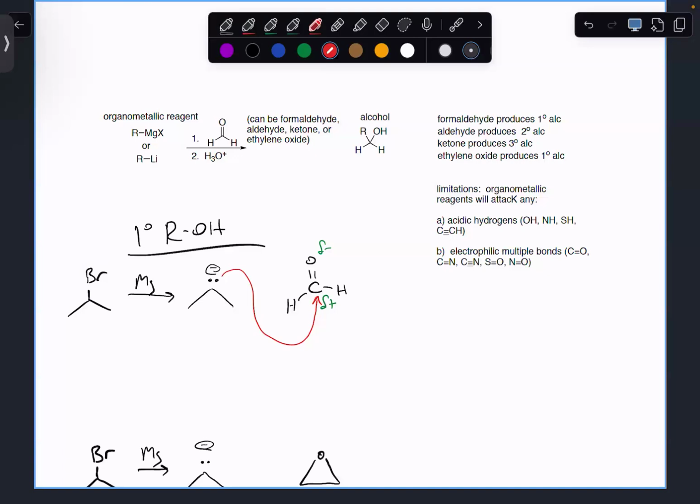the carbonyl. Now, I can't just stick a new bond to that carbonyl carbon and leave everything else as is, because if I did, then this carbon would end up with 5 bonds, which we know can't happen. So as the Grignard reagent comes in to attack, one of the existing bonds has to break. You can probably guess which one it's going to be. Pi bonds are weaker than sigma bonds, and so the pi bond breaks.